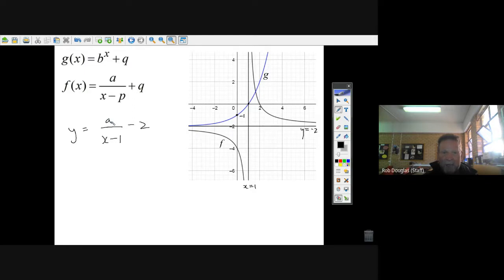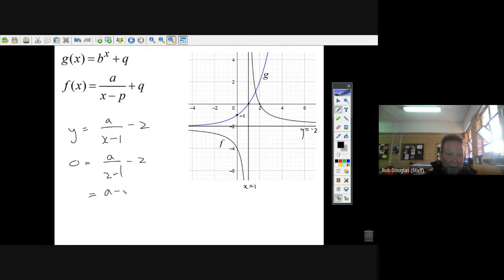I'm missing a. But can I use this point here? Can I use x is 2 and y is 0 and then solve and get a? Well, let's try it. I know there's a point right here. X is 2, so I put in 2, -2 like that. And I go, oh, 2 minus 1 is 1.